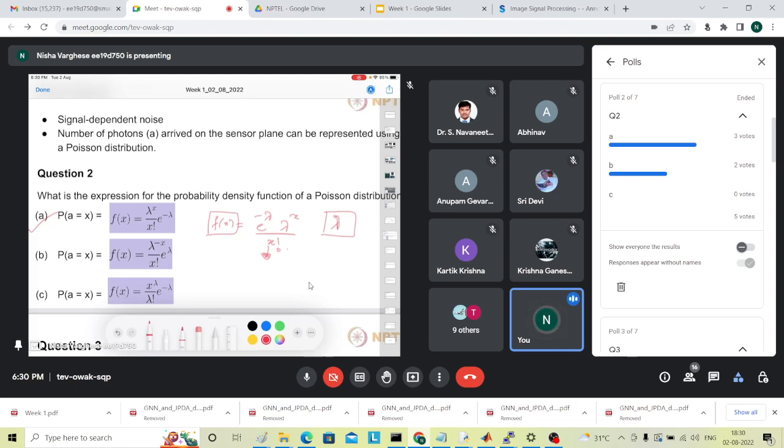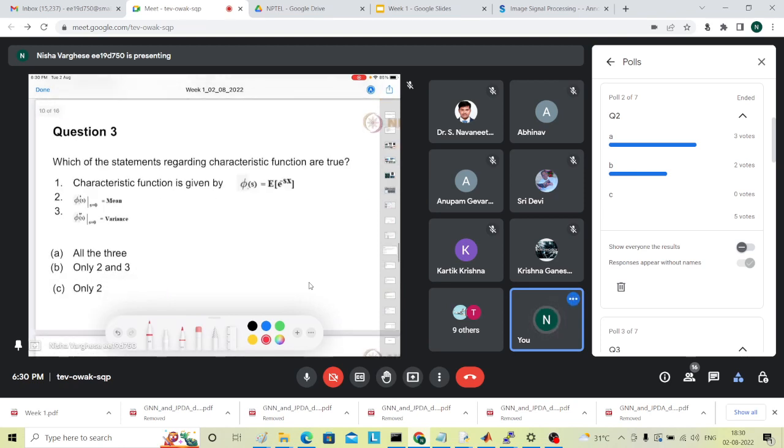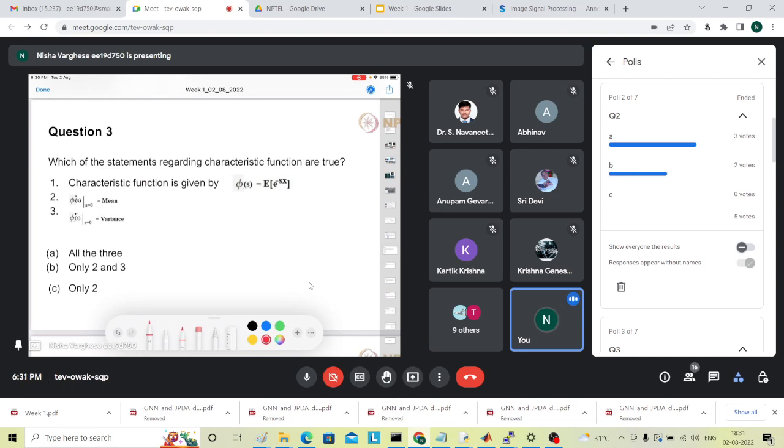This PDF indicates the probability that the number of photons arrived is x, given that the average number of photons arrived on the sensor plane is lambda. This is the meaning of this probability distribution. I'll write it here: f of x is equal to e raised to minus lambda, lambda raised to x by x factorial.